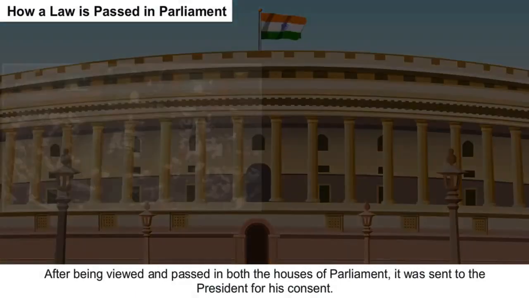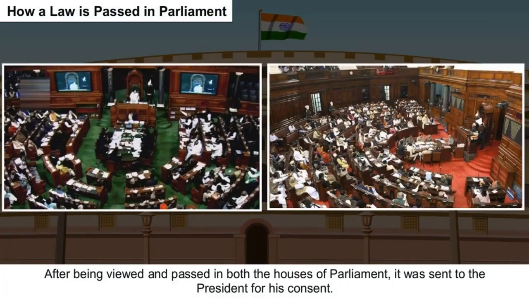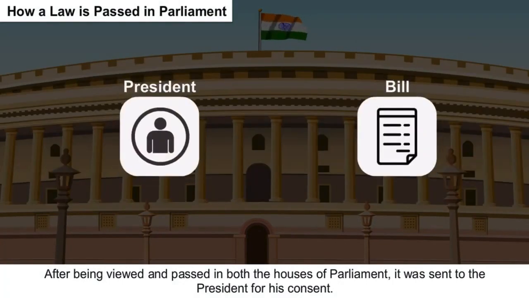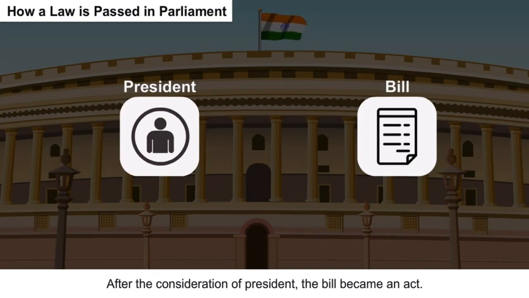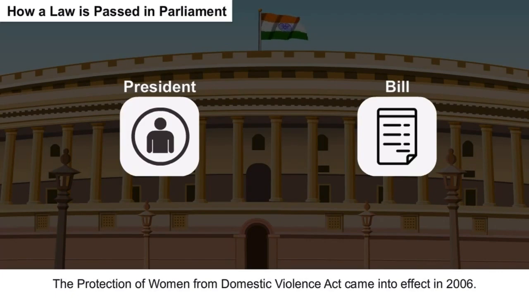After being viewed and passed in both the houses of Parliament, it was sent to the President for his consent. After the consideration of the President, the bill became an act. The Protection of Women from Domestic Violence Act came into effect in 2006.